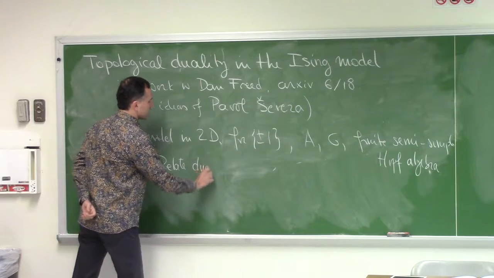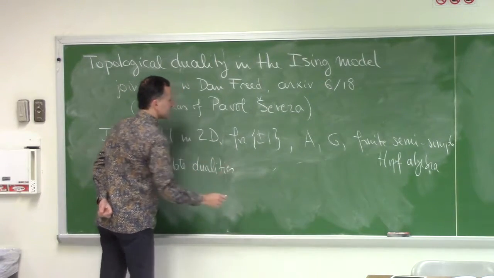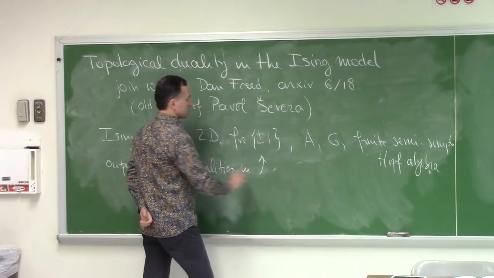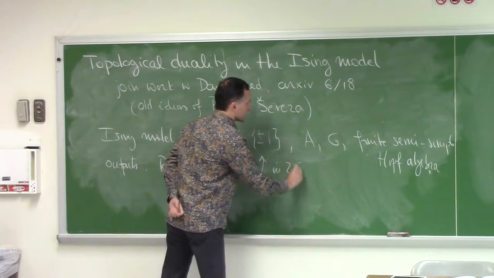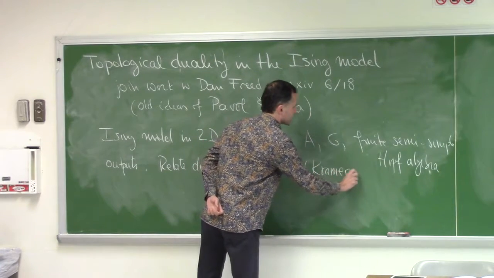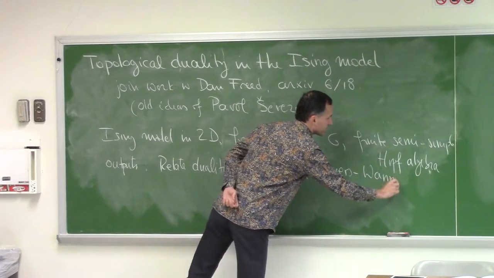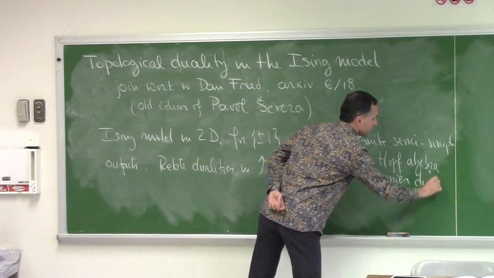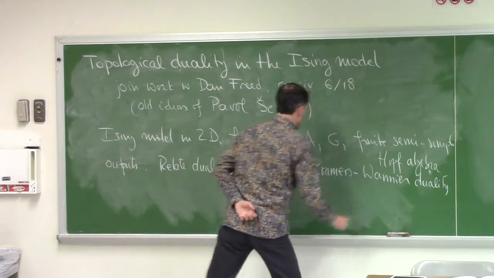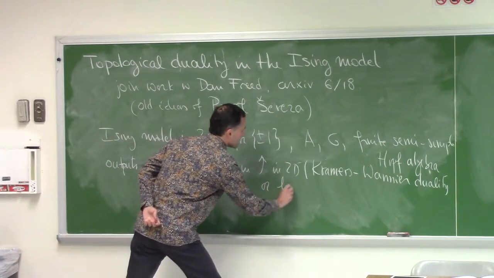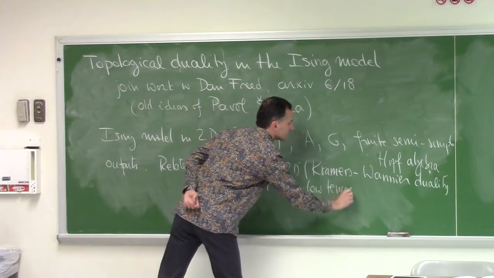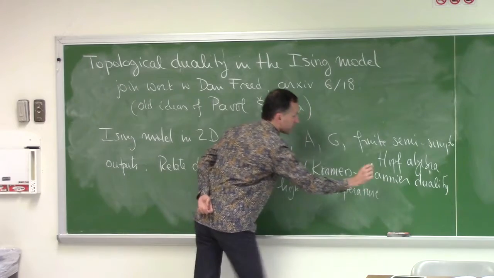dualities in 2 different field theories: the Ising model in 2D, and there's a famous duality called Kramers-Wannier duality, also known as high-low temperature duality. So let's recall what that is.